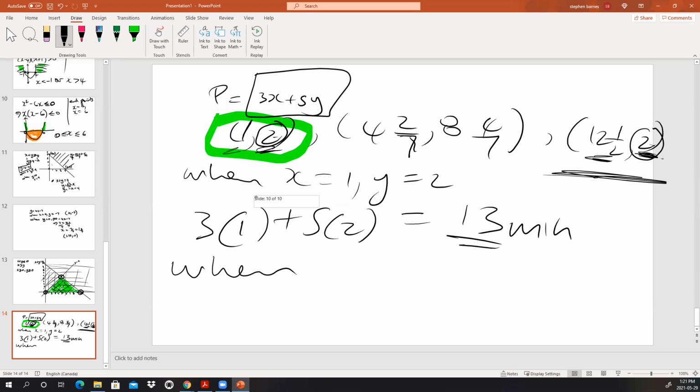usually they would set up the question so that it's not so easy to just look at the values and know what gives you the minimum or maximum. For example, instead of having 1, 2 here, this could be 3 right here. Or even better, this could have been 1.